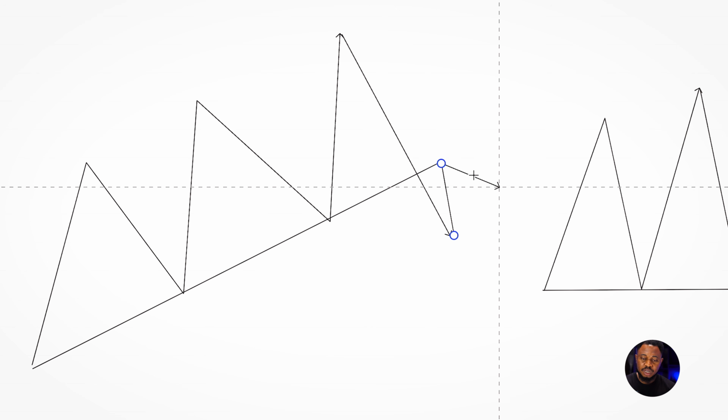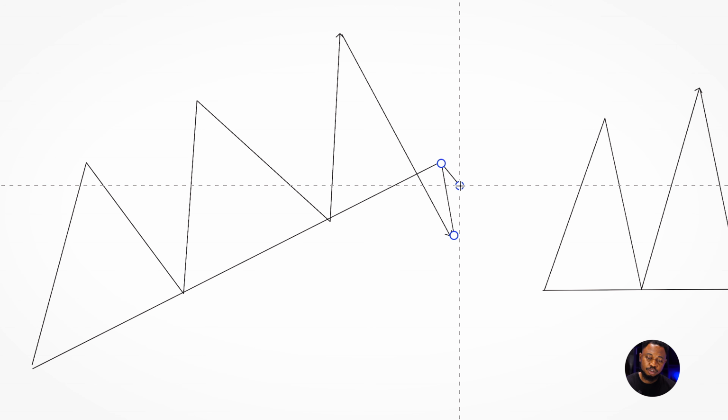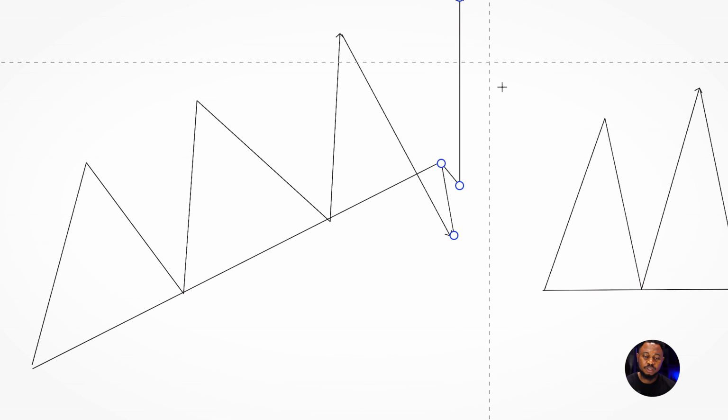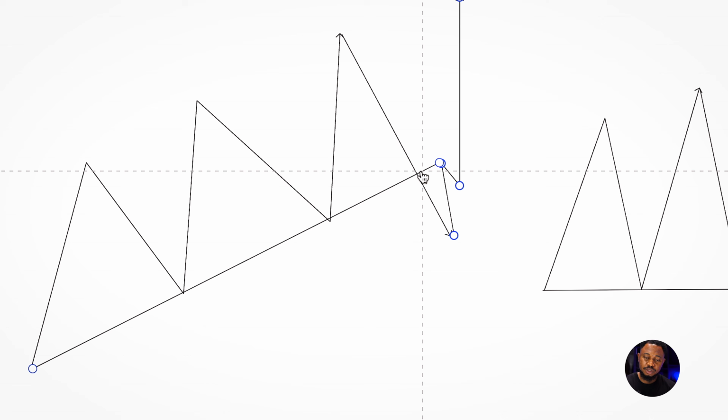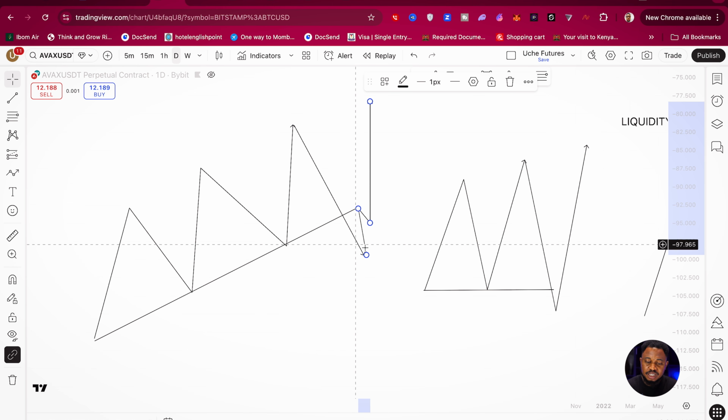But what actually happens is the market hits here and does a little bit of retracement, but boom, the market starts going upward. That way it took out the people that usually trade the trend line strategy, and also took out the people that basically trade breakout and retest and continued in the upward direction where it's supposed to go.